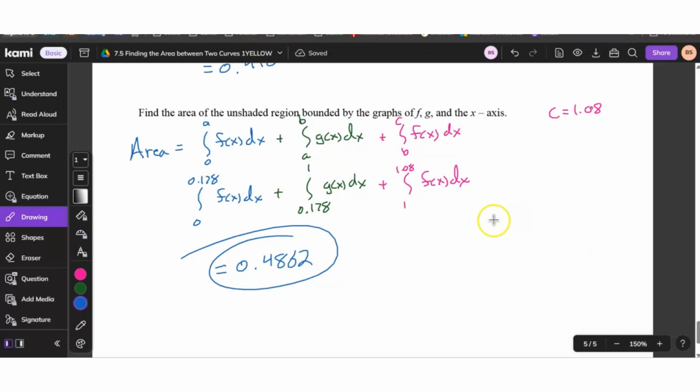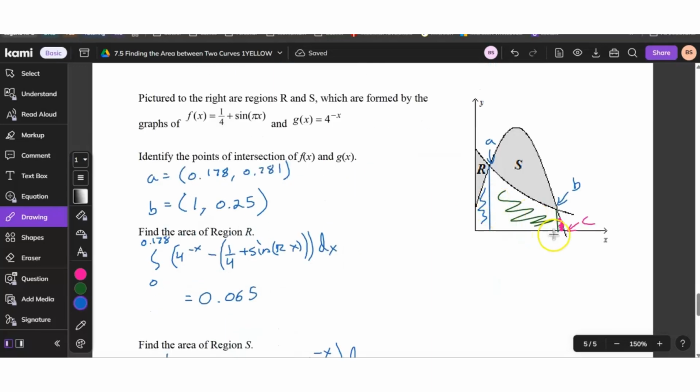Now, in the interest of completeness, we also want to mention the other way that we could do this. I'll try and do this in a different color here.